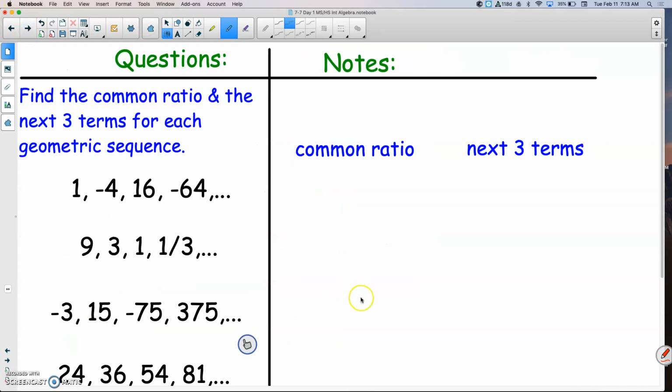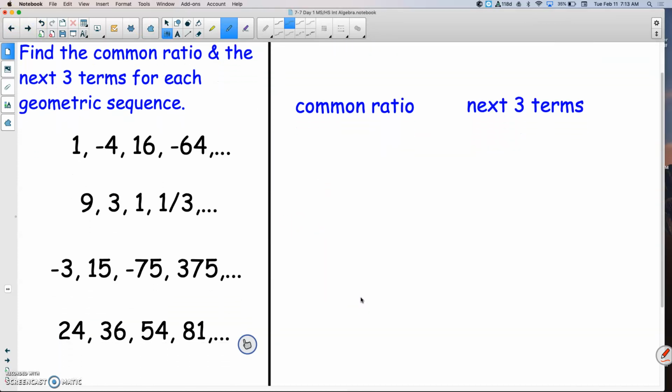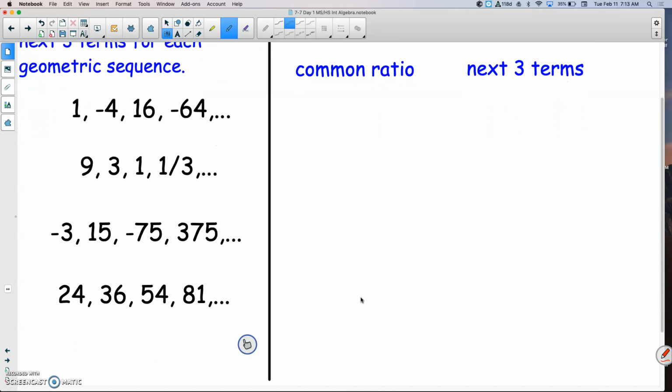Now we're going to focus on just the geometric ones, find the common ratio and the next 3 terms. So the common ratio is what it's multiplied by. So my first one, to go from one term to the next, is multiplied by -4. When it switches from positive to negative, that's an indicator that it's multiplied or divided by a negative number.